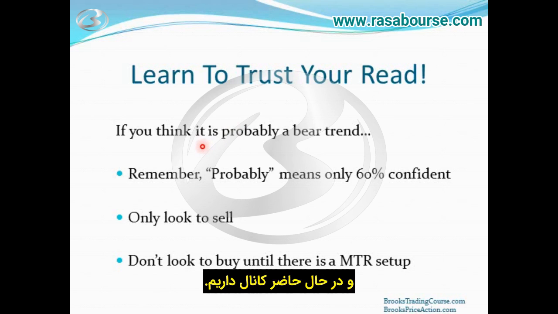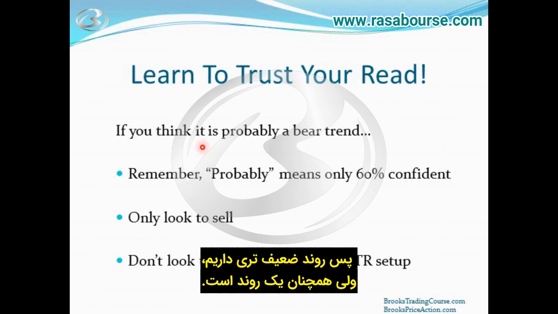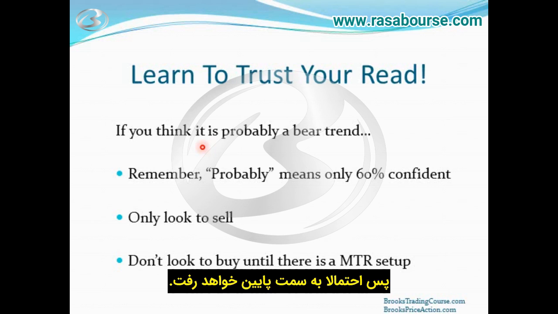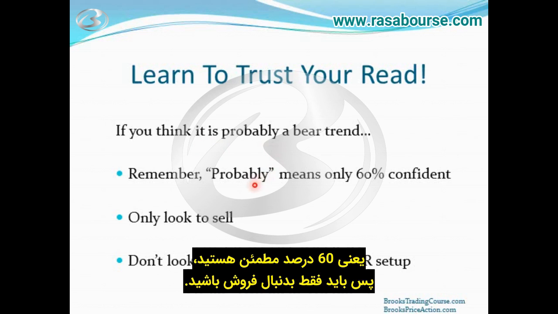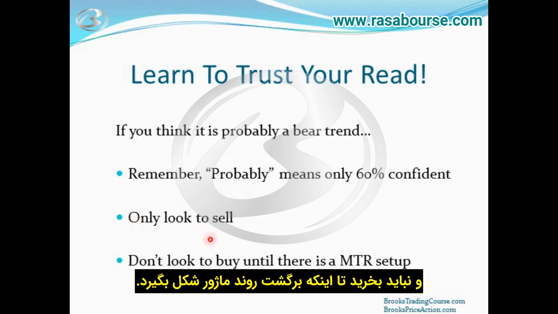And right now it's channeling. So, you know, it's a weaker trend, but it's still a trend, right? So it probably will continue lower. Probably means that you're 60% confident, and you should only be looking to sell. And you should not look to buy until you see a major trend reversal.